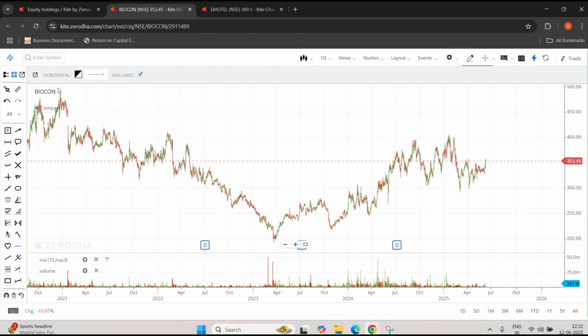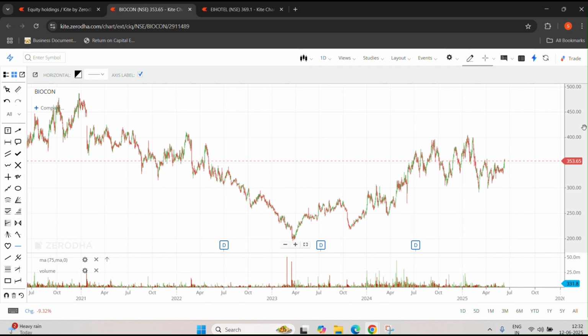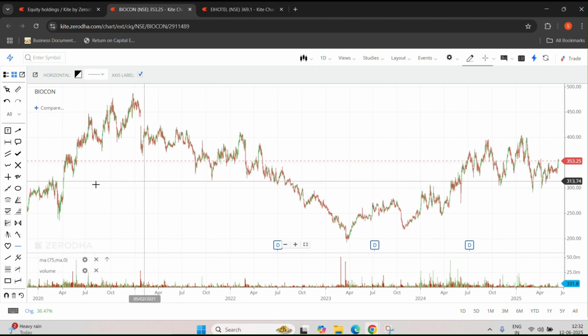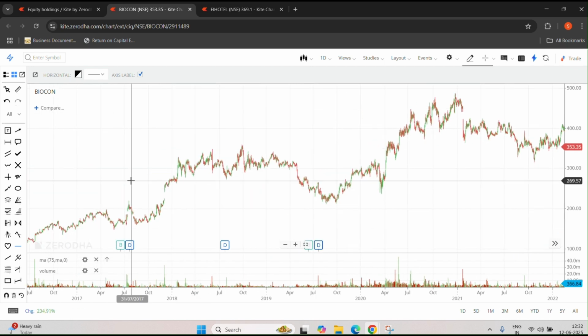For this particular video, I am using Bicon's chart on the day time frame first, then we'll move to lower time frames. First you have to understand the trend. If you just look at one frame, then you won't understand the trend. For that, you need to see the previous data.